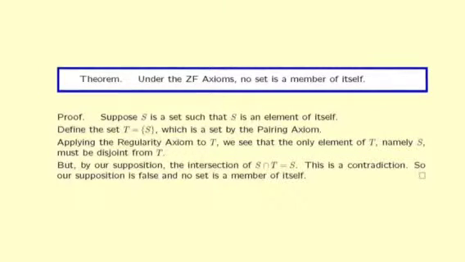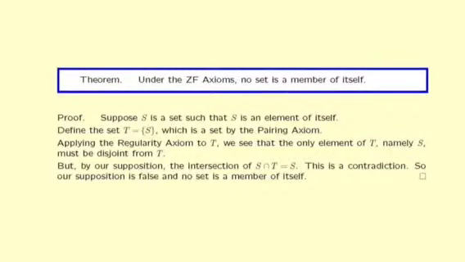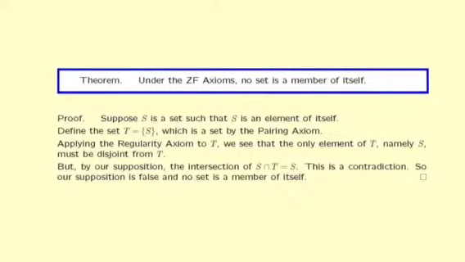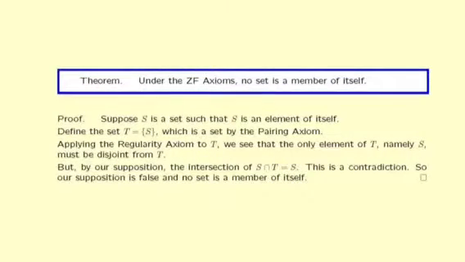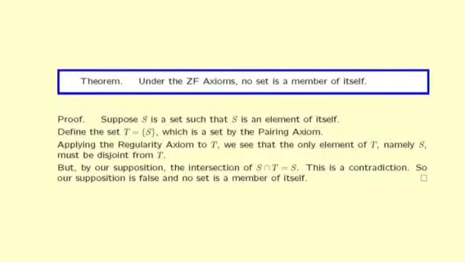Suppose it's not true. So let us suppose there is a set S such that S is a member of itself. Define the set T to consist of just one element, namely S. And this is a set by the pairing axiom.